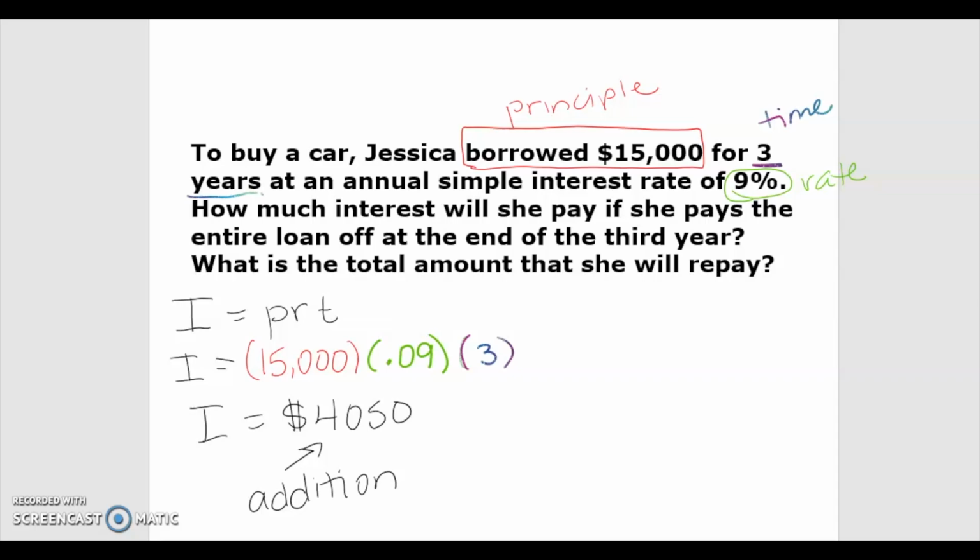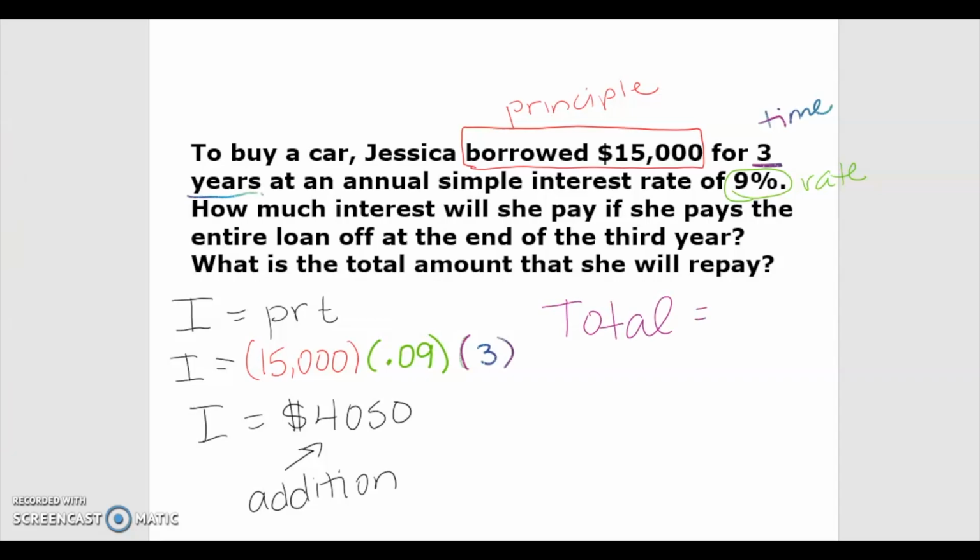So interest is additional money that you have to pay. So when you take out a loan to buy a car, you have to pay for the car. You have to pay the $15,000. And then when you're borrowing the money, you're paying extra. You're also paying interest. So to answer our second question, which is, okay, well, what's the total? How much is Jessica going to pay in total?